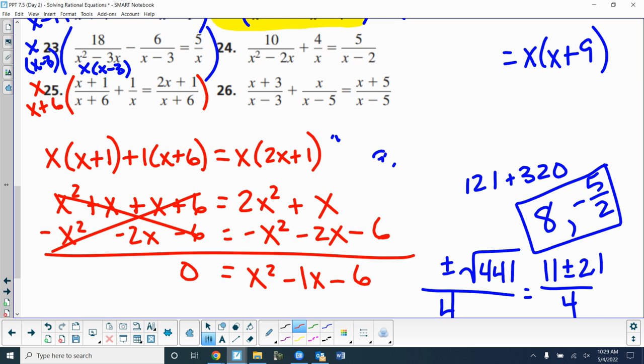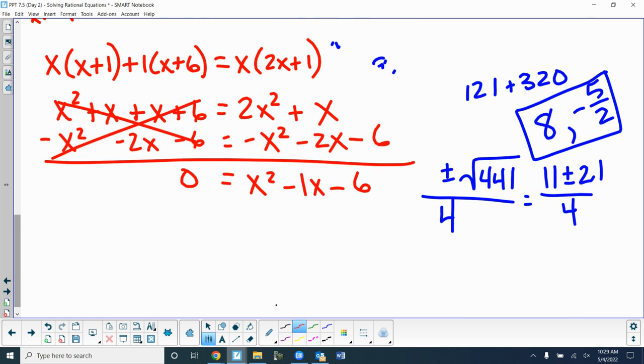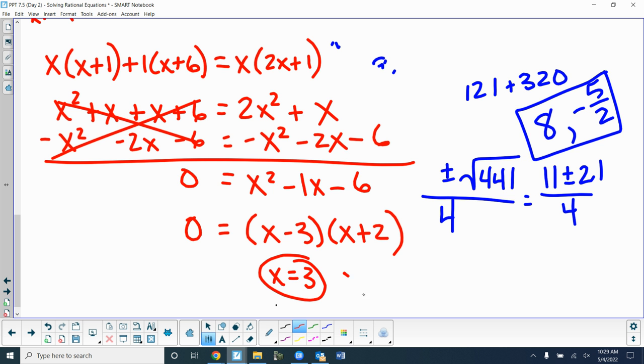What are the factors of negative 6 that add up to negative 1? Negative 3 and positive 2, right? What are my two answers? 3 and negative 2, right? Sometimes we forget that we got to switch those, right?